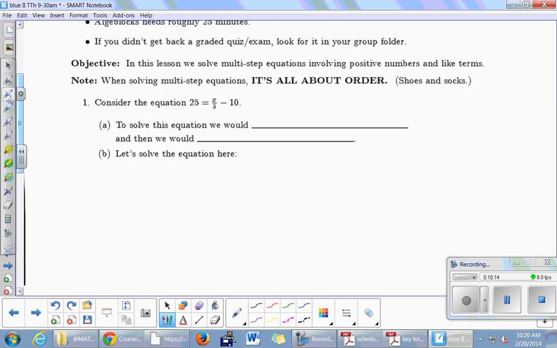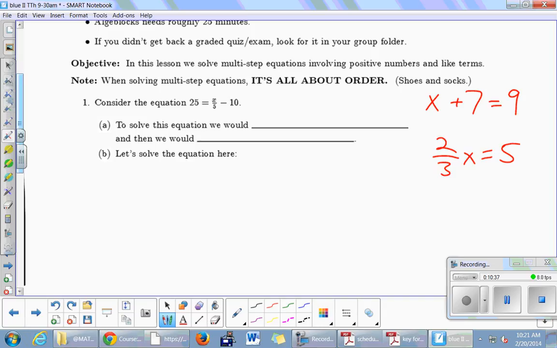So for example, we're going to consider this equation, 25 equals x over 5 minus 10. Now that equation is more complicated than the ones that we solved last class and the class before, because the ones that we gave you before were of something like this form, x plus 7 equals 9, or 2/3 x equals 5.